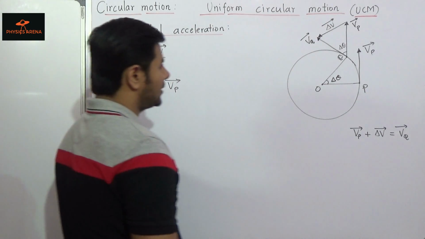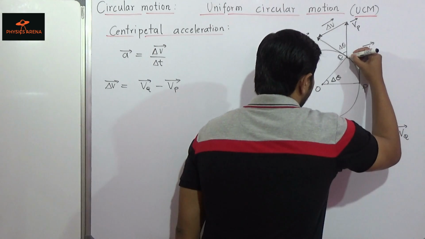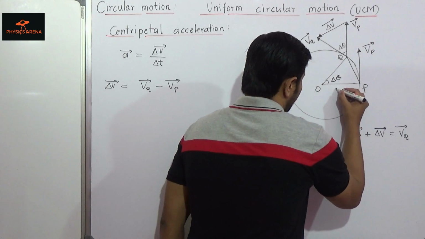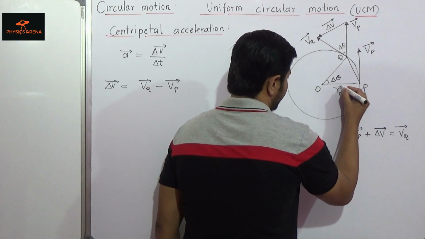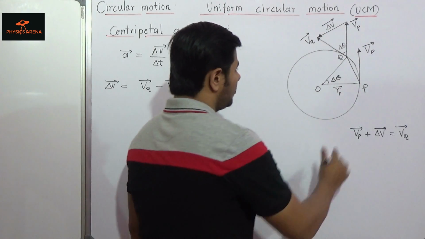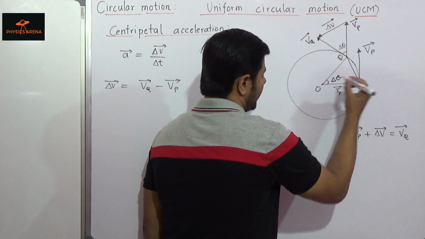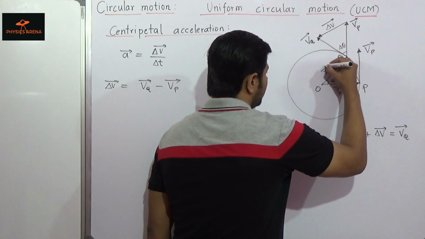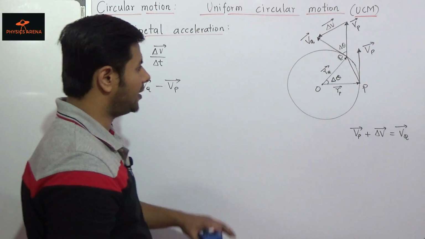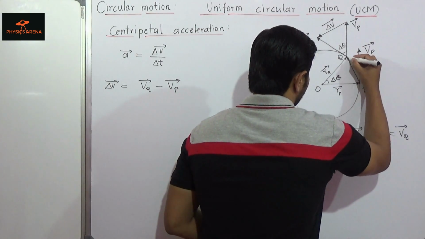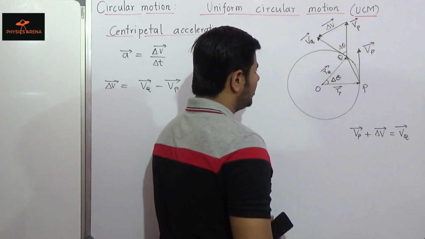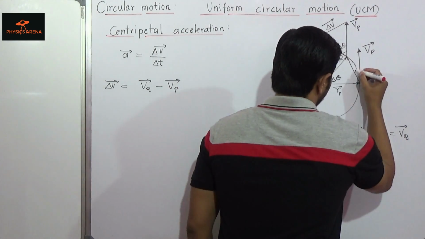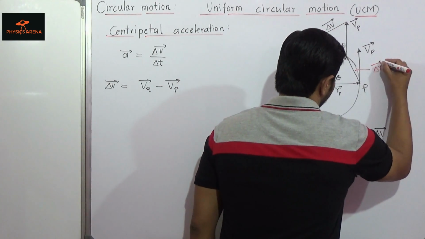So those two angles are the same, and if I join this PQ, so this is RP bar, the position vector at start, and this is RQ bar, the position vector at some time delta t. So this side PQ will give me the change in position vector, delta R bar.